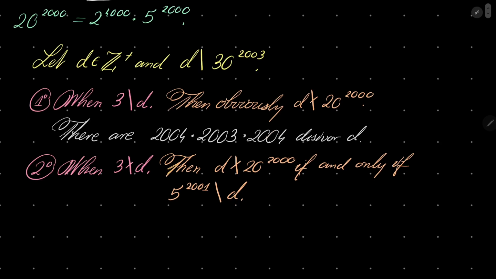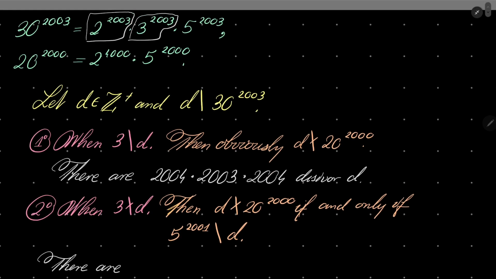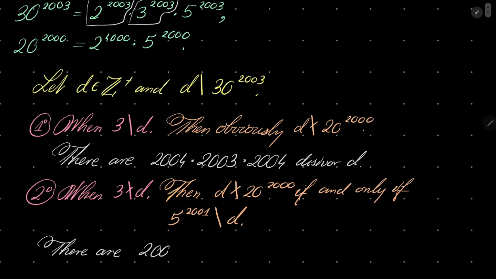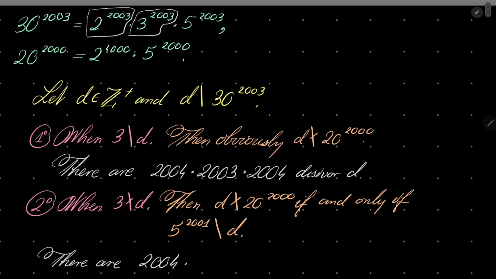Okay, so how many divisors of this type are there? Well, the power of 2 doesn't matter. We can take any power of 2 which we like. What about the power of 3? Well, it must be 3 to the power of 0, so we have just one option. And this condition must be satisfied. How many powers of 5 satisfy this condition?